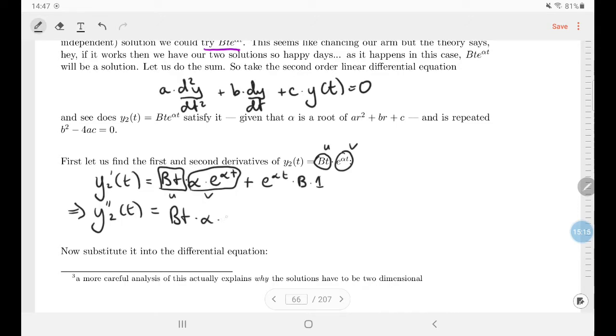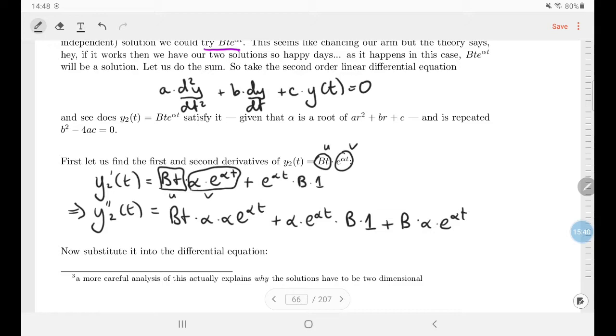Fix the alpha, and the derivative of e to the alpha t is, again, alpha e to the alpha t, plus the second thing, which is e to the alpha t, times the derivative of bt. Fix the constant b, and the derivative of t is 1. And now plus differentiate the second term. So fix the constant b, and the derivative of e to the alpha t is alpha e to the alpha t.